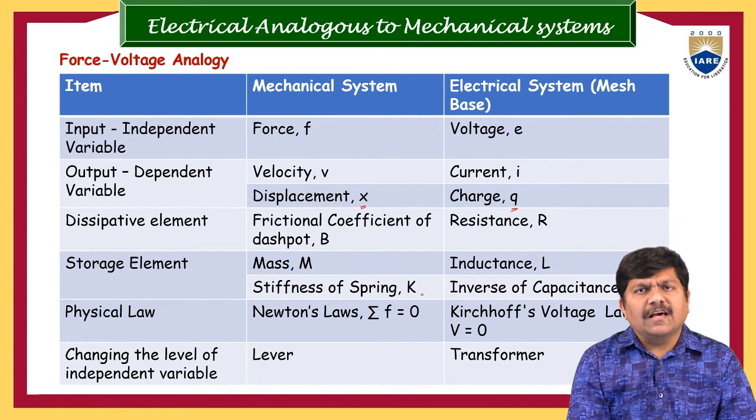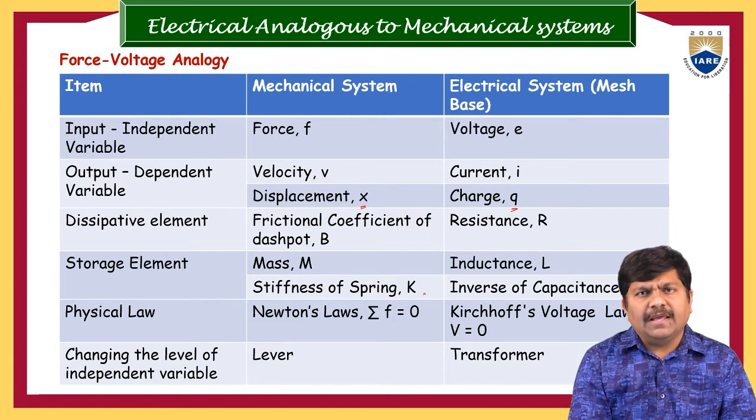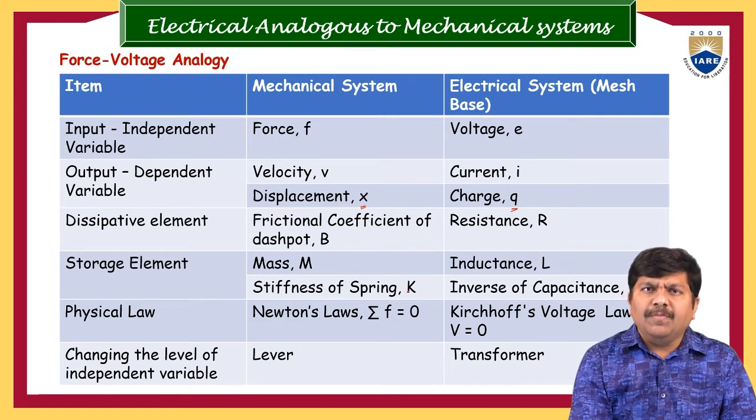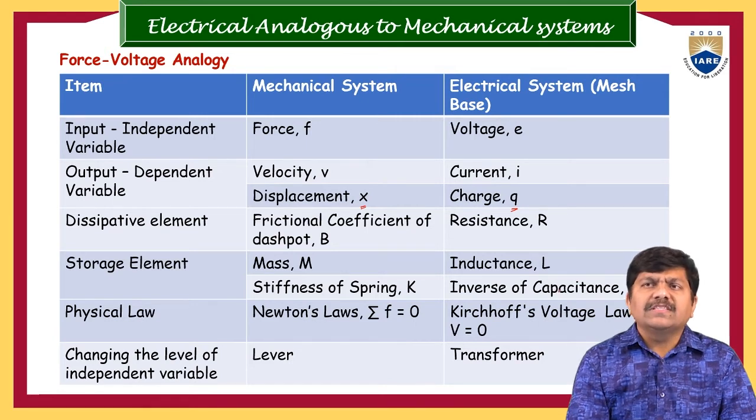The spring also stores some mechanical energy, so I wrote the spring under storage elements. The equivalent of the spring in the electrical system is the inverse of capacitance, that is 1 by C. All these comparisons we just made a minute before in today's video session.